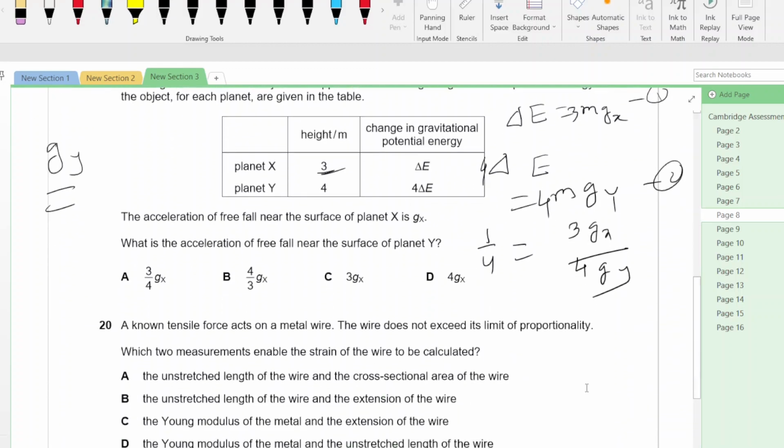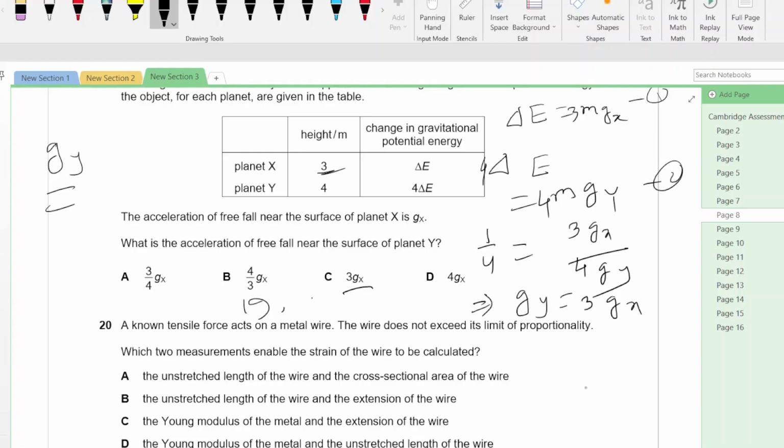Now making gy the subject, the acceleration of free fall near the surface of planet Y is 3 gx, and it is C. Therefore, 19, answer is C.